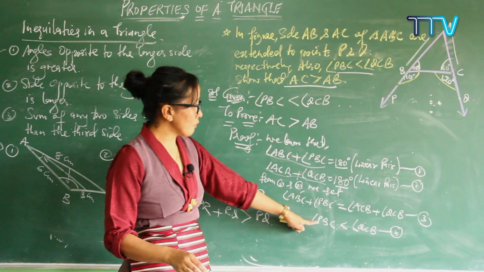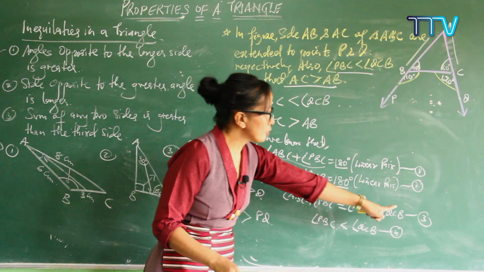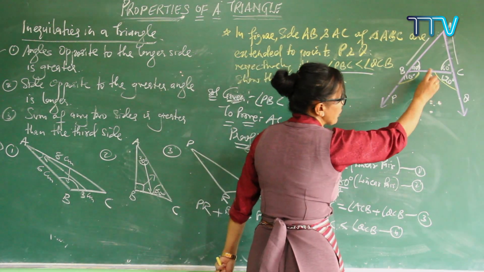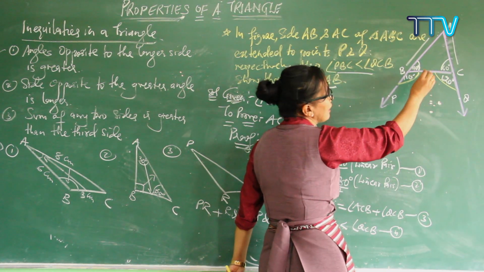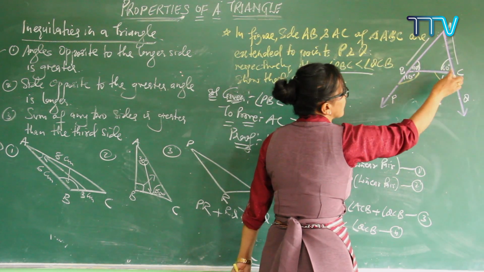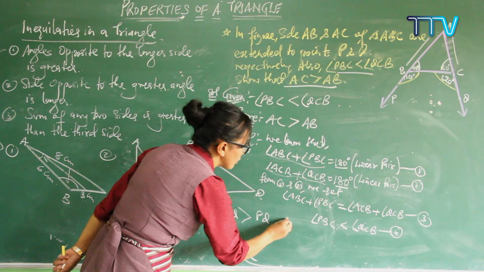So now see, we have got a clue like this, and from 3 and 4, which one is greater angle? Obviously this. 60 and 70, which one is greater? ABC is greater than ACB.